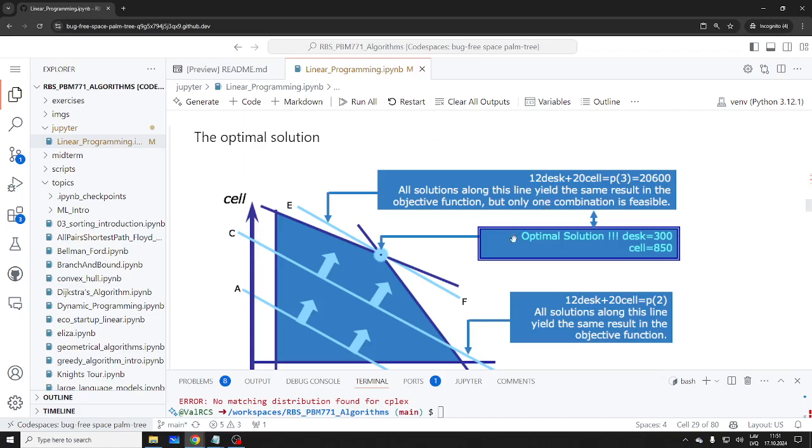And what he found in 1947 is that, what's the requirement for the solution? The optimal solution is where? It is at a cross point.